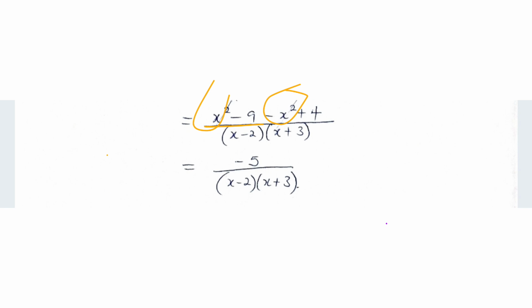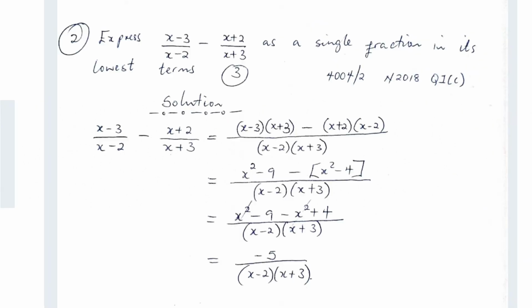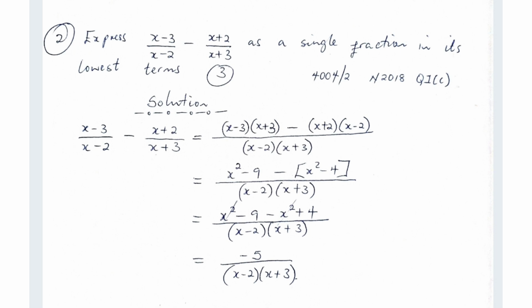The denominator is left like that as the lowest common multiple of the two denominators until the final answer, which will give us negative 5 all over (x − 2) in brackets times (x + 3) in brackets. Then I have put out the solution in continuous form so that the working is seen vividly.